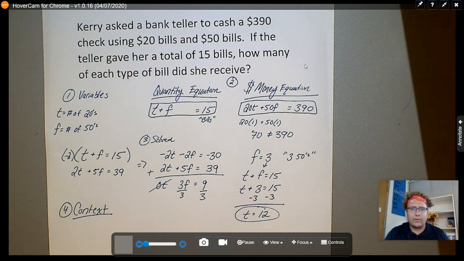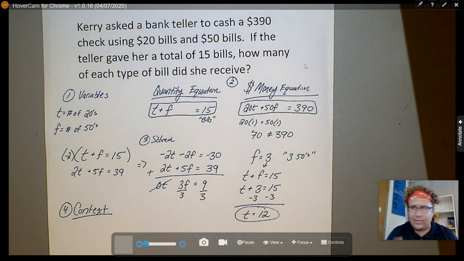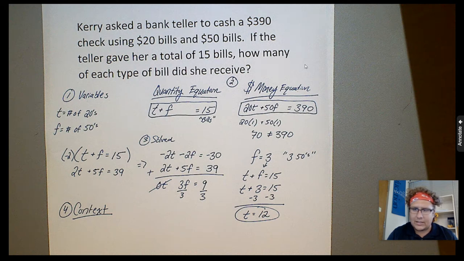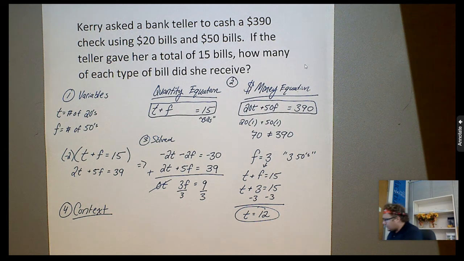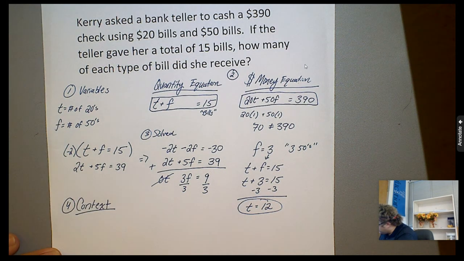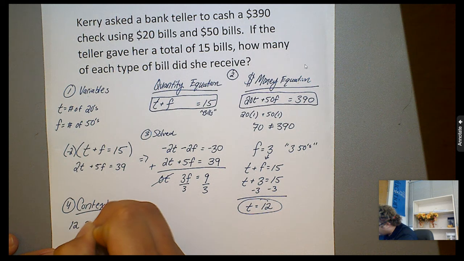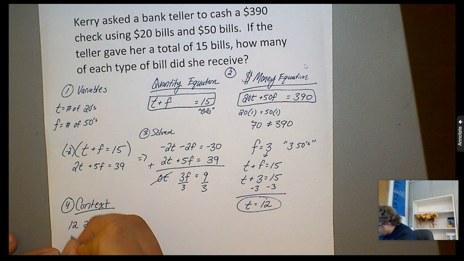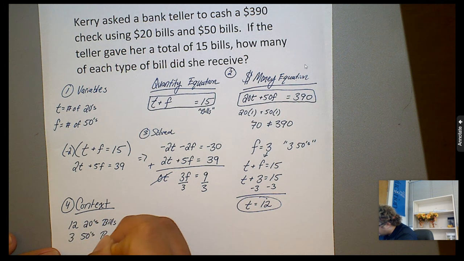Saying T equals 12 and F equals 3 doesn't tell the reader how many bills she received of each, right? So you have to TTQA, turn that question around and say, what is the actual answer to this question? Not what are the variables that were the mechanism that helped me find this. So I'm going to look back at how I defined my variables. T was 12, so I'm going to say 12 20s bills. And we had 3 50s bills.